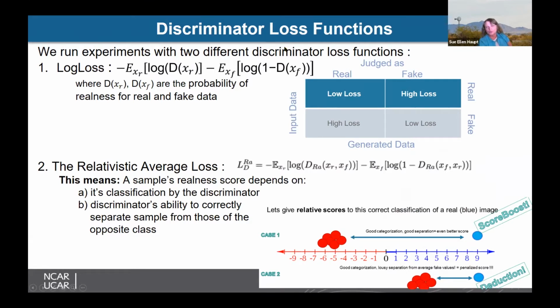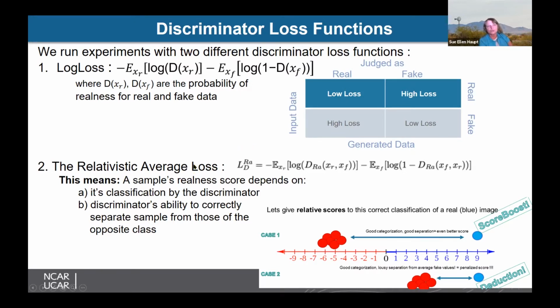For the discriminator loss, the primary thing we want to do is judge the difference between the real and the fake data, where here in the log loss way that we're using, if it is real data and judged as real data, then of course it gets a low loss, which is good. And same if it's fake data judged as fake. However, if it's wrong, then it penalizes it with a higher loss.